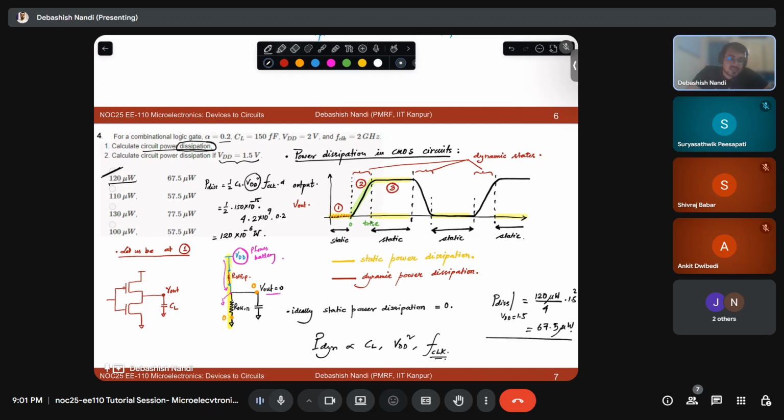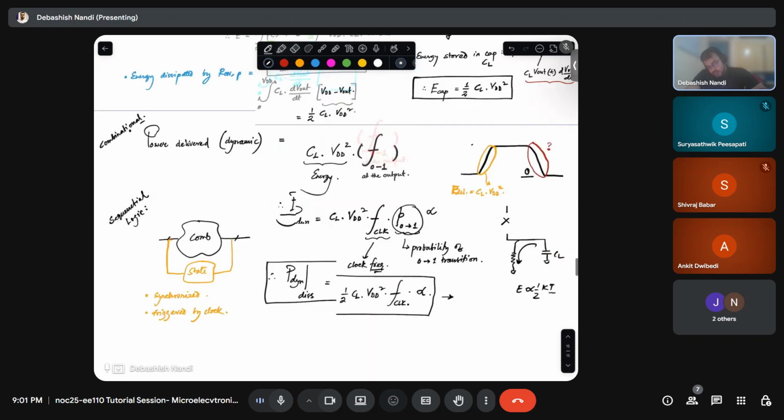This is also one of the reasons that your supply voltage was scaled down, right? Earlier you used to use 1.8 volt, 2 volt. Nowadays the supply voltage for state-of-the-art 2 nanometer, 3 nanometer transistors is around 0.6 to 0.7 volt, right?